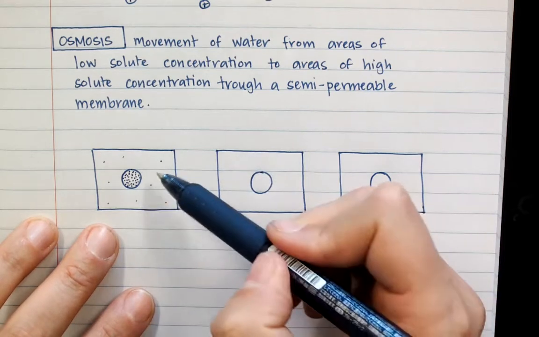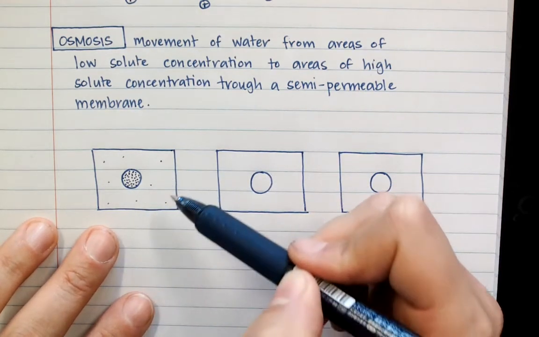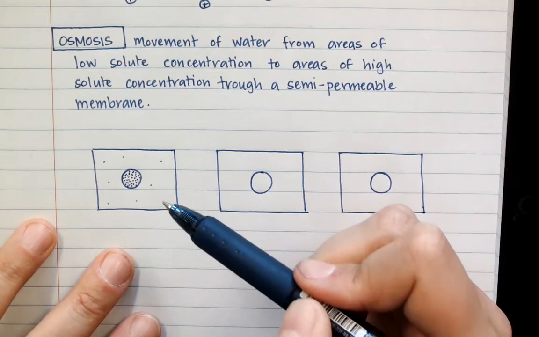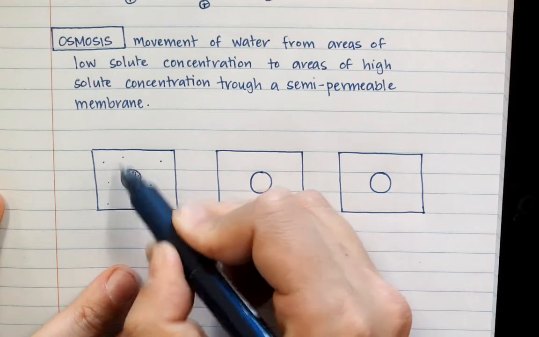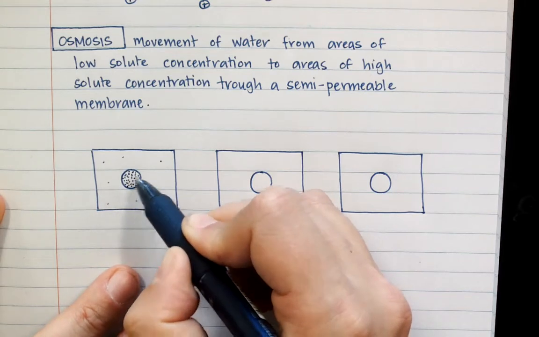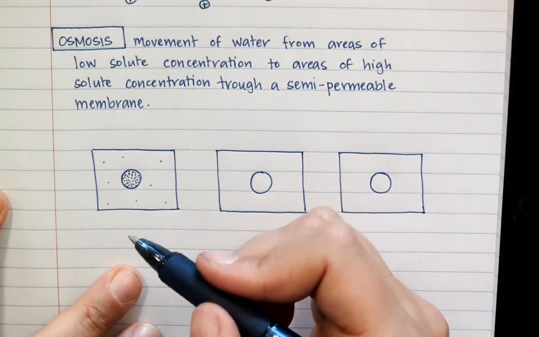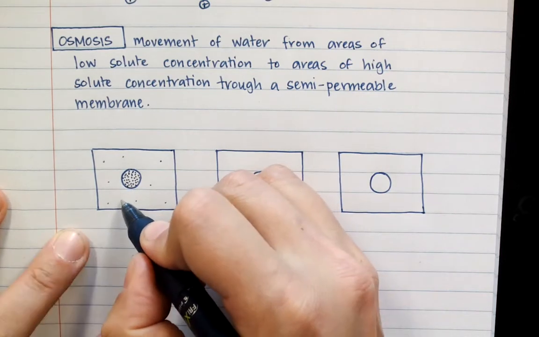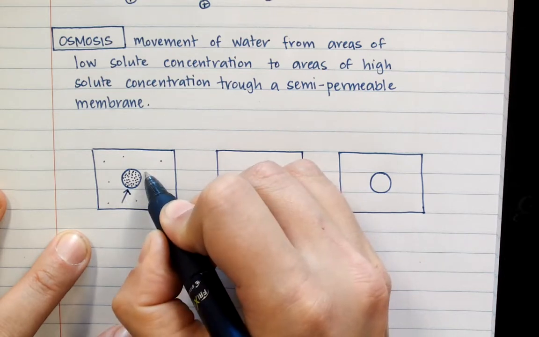Now the glucose can't move. So instead, the water is going to move. And the water is going to try and make it so that these glucose molecules are just as spread out as these glucose molecules. It's going to try and even this out. Well, the only way to do that is to actually take water and move it into the cell.